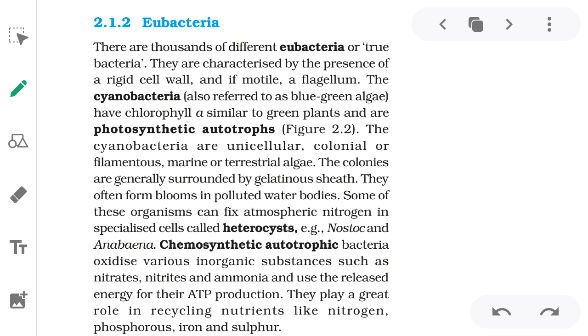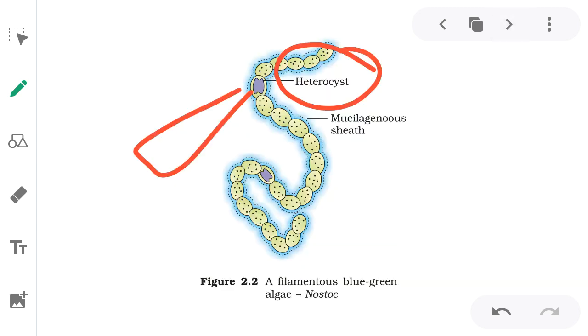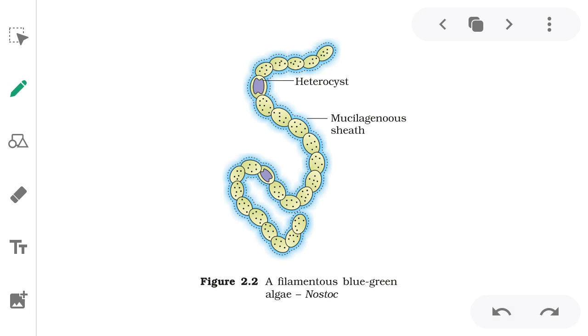So they make nitrites and ammonia, and they get the ATP they need as food from them. So these are the chemosynthetic autotrophic bacteria. They play a great role in recycling nutrients like nitrogen, phosphorus, iron and sulfur. They will help in these things also. So these are the chemosynthetic bacteria. This is the structure of nostoc, a filamentous bacterium.